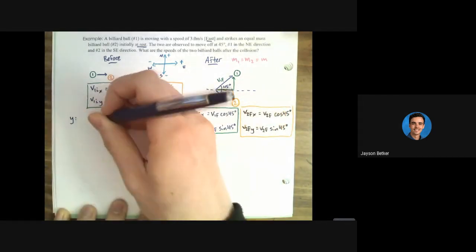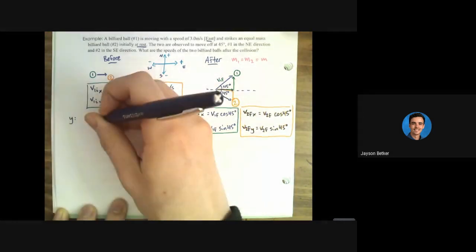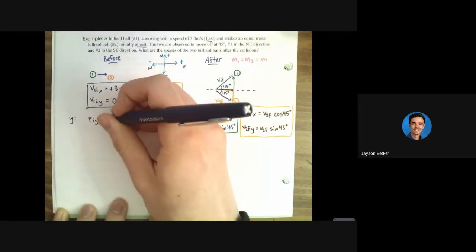So what I have here is the momentum initially, so the momentum before in the Y direction is equal to the momentum after in the Y direction. So PIY is equal to PFY. This is just the basic principle of conservation of momentum. Now I'm going to plug in my different values.